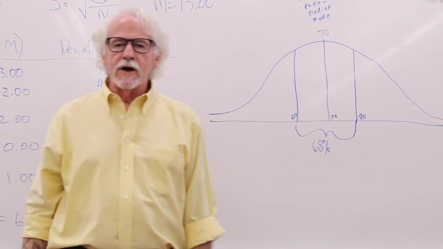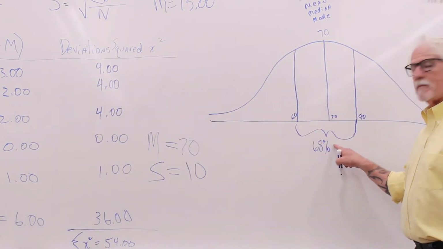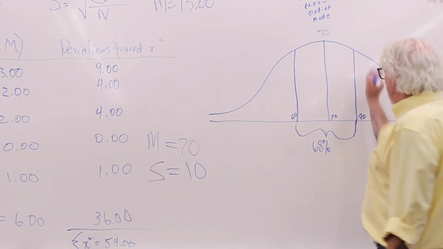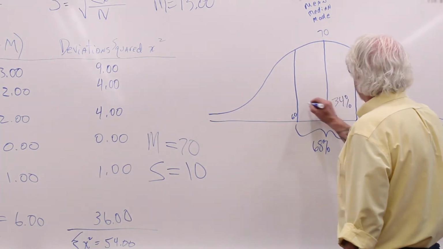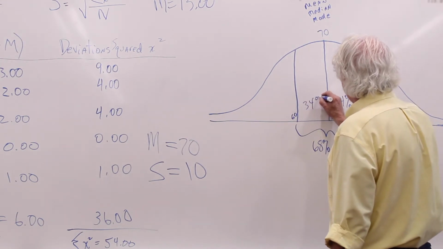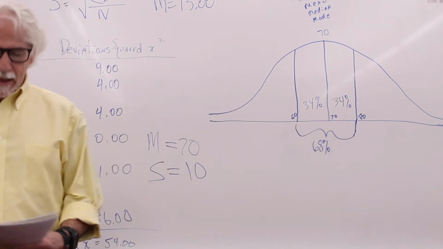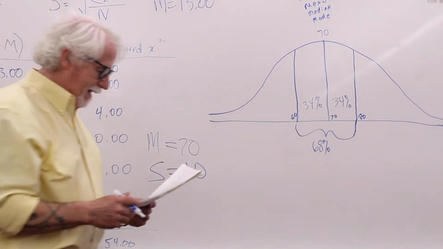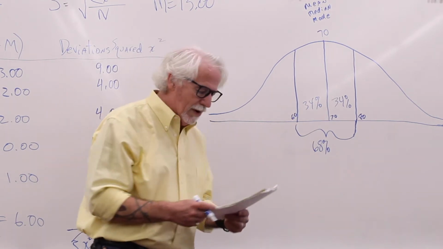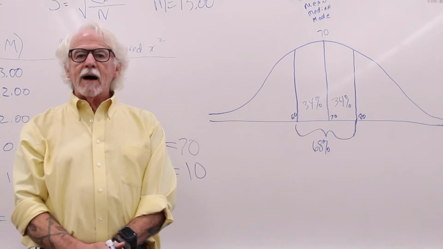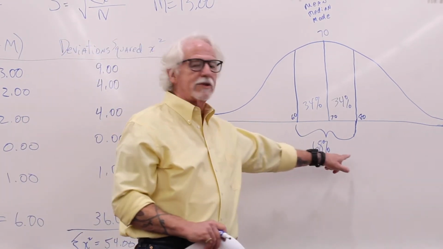So, the other part of this: if this is 68%, then this is what? 34%. Each side, half then, is 34%. So, if I was to say to you right now, what percentage of people scored below 80?